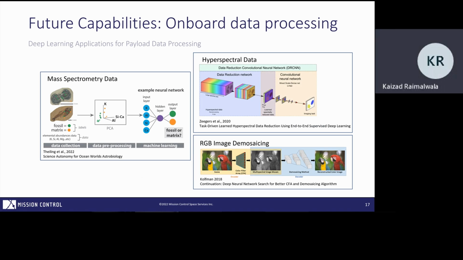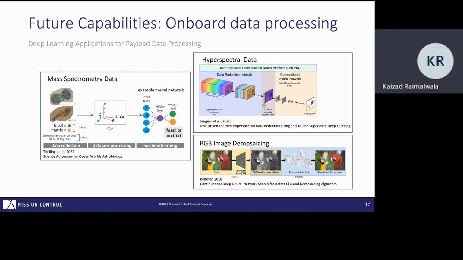And the last slide here is just a highlight of different future applications that this could be translated to. Any sensor that's producing high volumes of data, such as a mass spectrometer or a hyperspectral sensor, there's definitely a need for data processing to extract the key features that an investigator might need to know in real time.